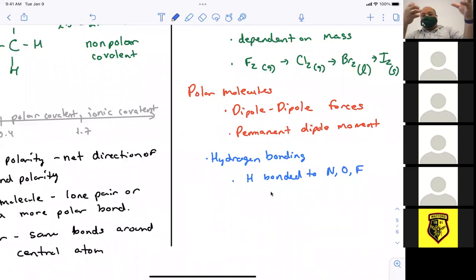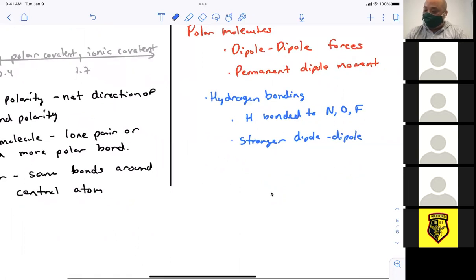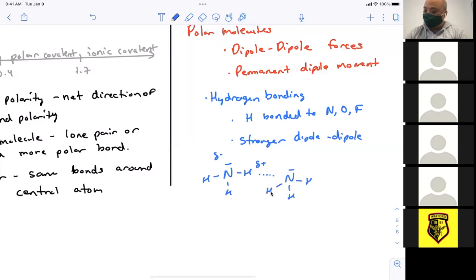So the pull is so strong that H becomes very, very positive, almost to the level of ionic attraction, which makes it much stronger. And so this is essentially a stronger dipole-dipole. And for example, like NH3 would have a very strong attraction to another NH3.